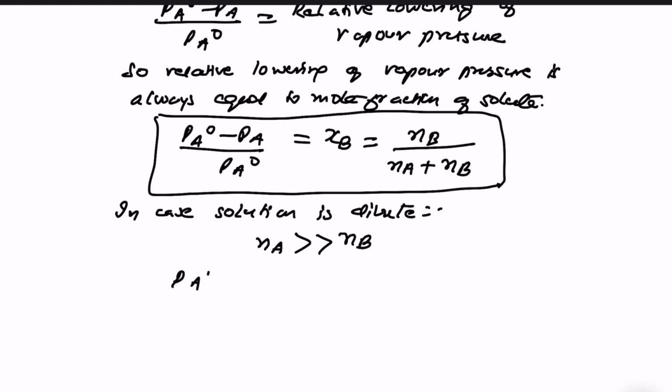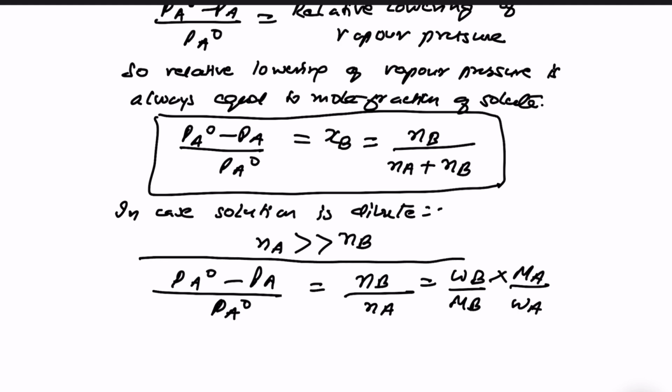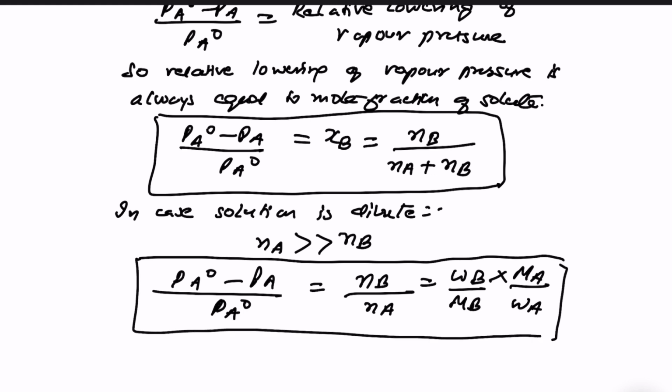So I can say PA naught minus PA divided by PA naught is nB upon nA. And nB can be written as WB upon MB, and nA can be written as WA upon MA. So we can apply this formula in the numericals, and the numerical on it is very important.